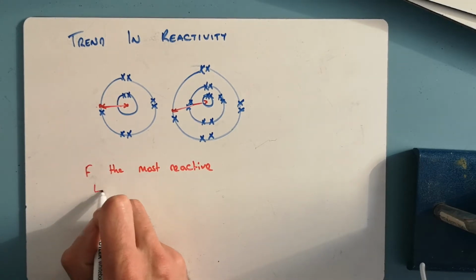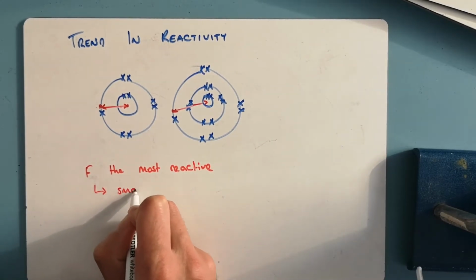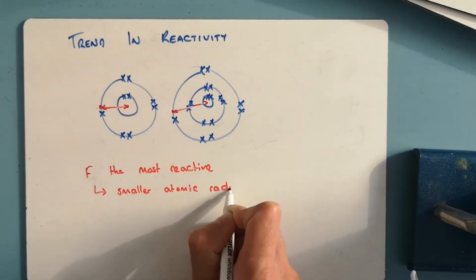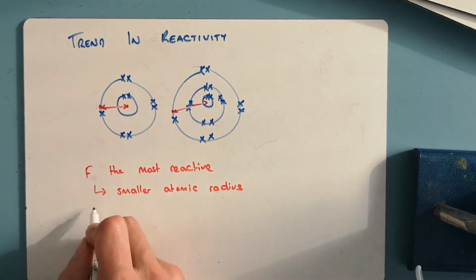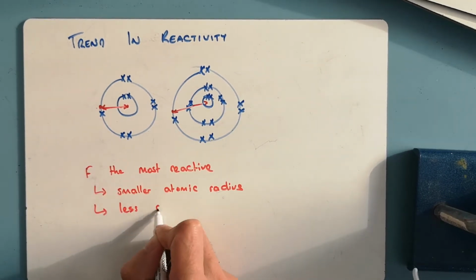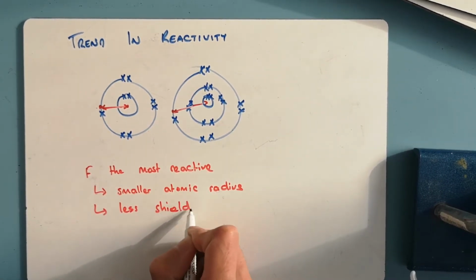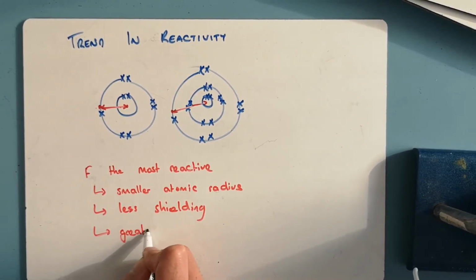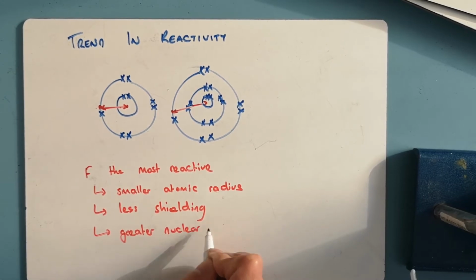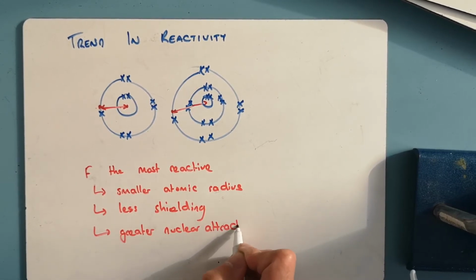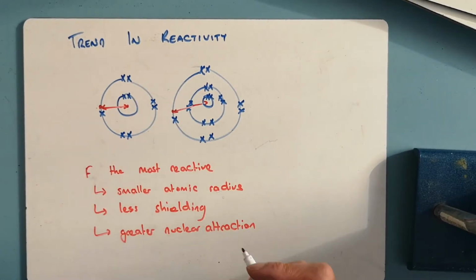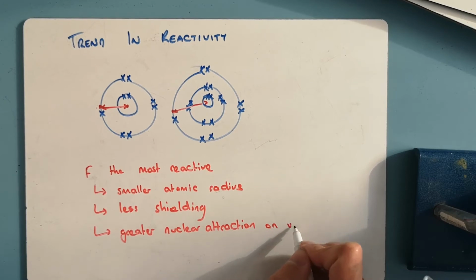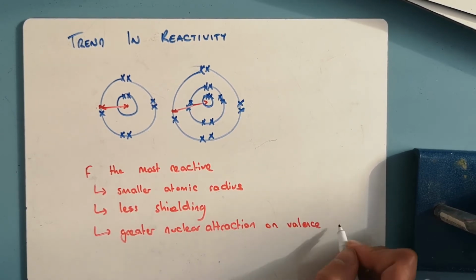This is because of the smaller atomic radius. It's closer here. Less shielding as well. So this creates greater nuclear attraction on the valence electrons. Now you may call them outer electrons, I call them valence electrons. So these are the electrons in the outer shell.